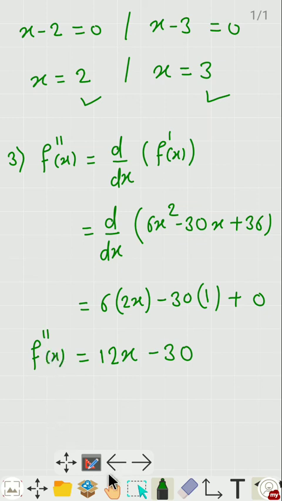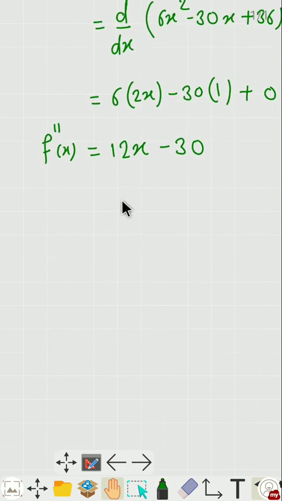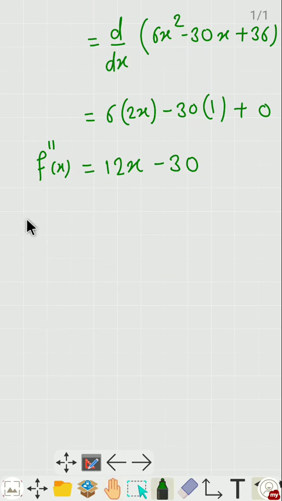Okay, now in the fourth step, we will find f double dash at x.